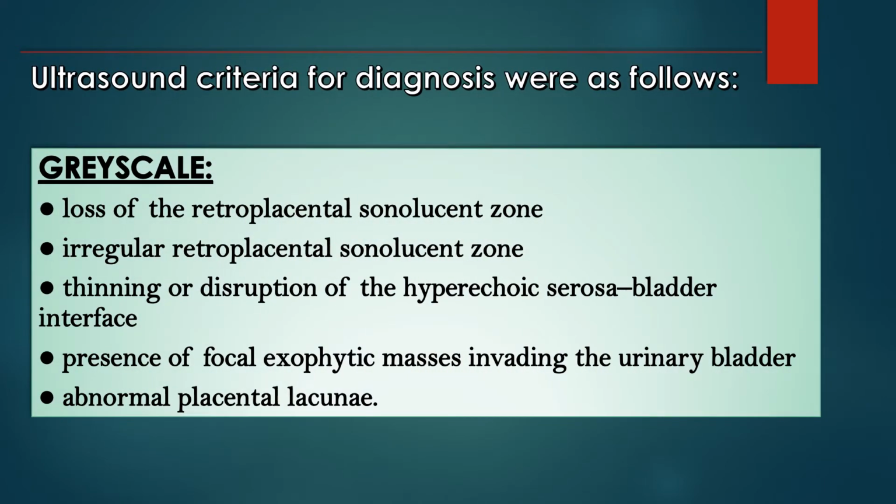Ultrasound criteria for diagnosis were as follows. Grayscale: loss of the retroplacental sonolucent zone, irregular retroplacental sonolucent zone, thinning or disruption of the hyperechoic serosa bladder interface, presence of focal exophytic masses invading the urinary bladder, and abnormal placental lacunae.